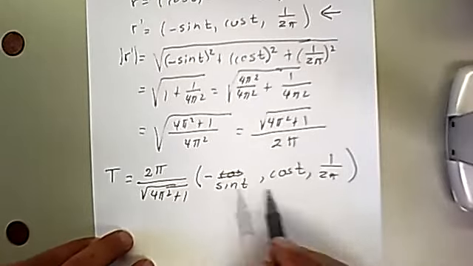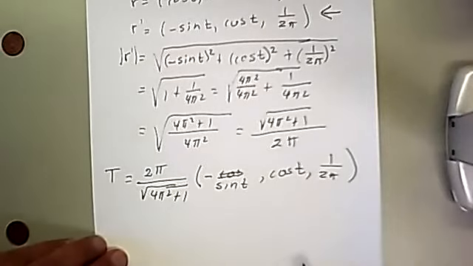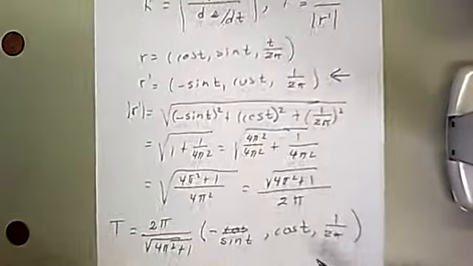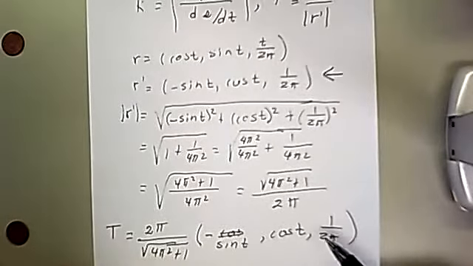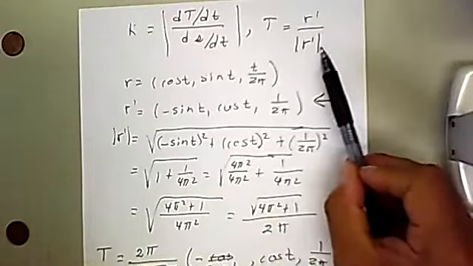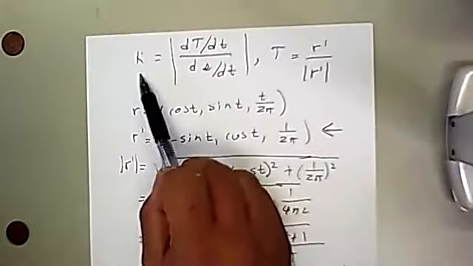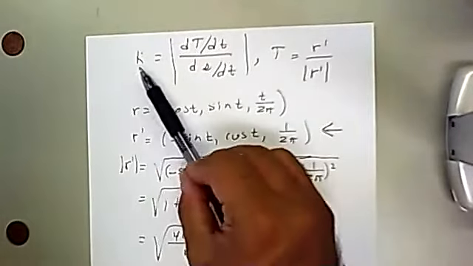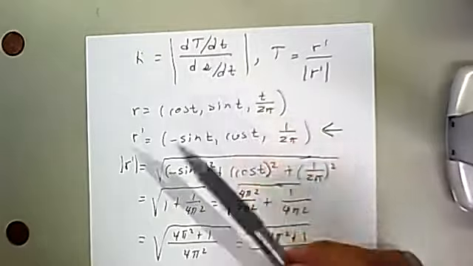Let's put that to the side. We're not going to take the absolute value yet. By the way, this is T. In order to find the curvature, we need to find the derivative of T with respect to little t.